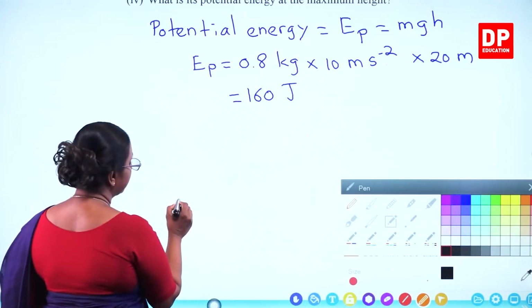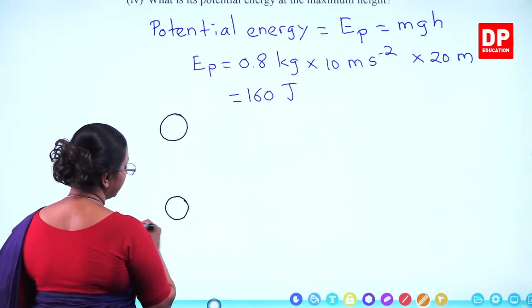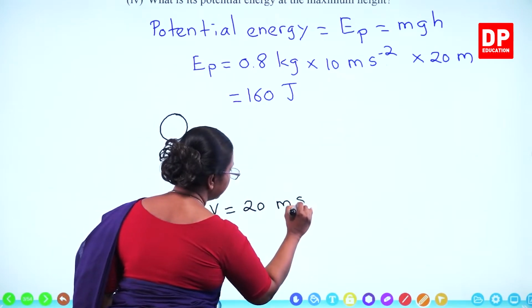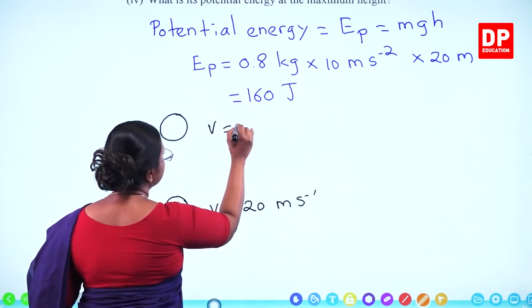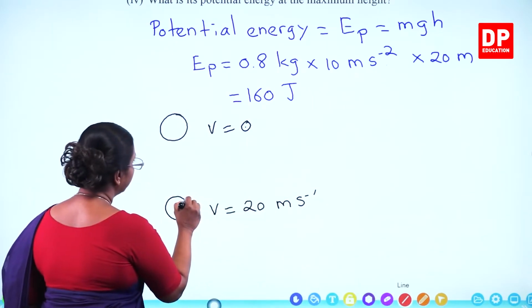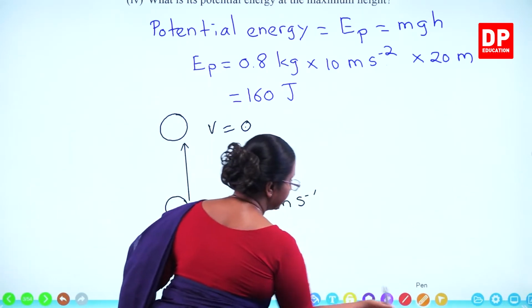Here you can remember, if there is an object here, there is the object there. Here velocity is 20 meters per second and here the velocity is 0. So when the object goes from here to here, what happens there?